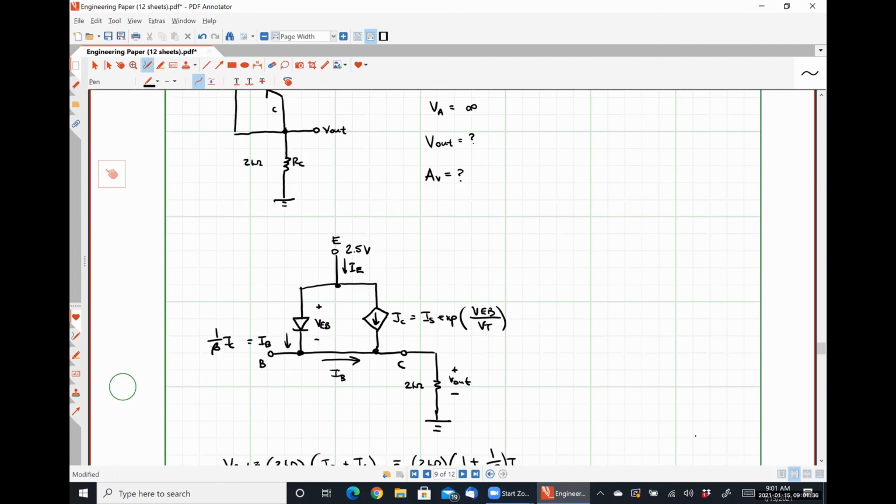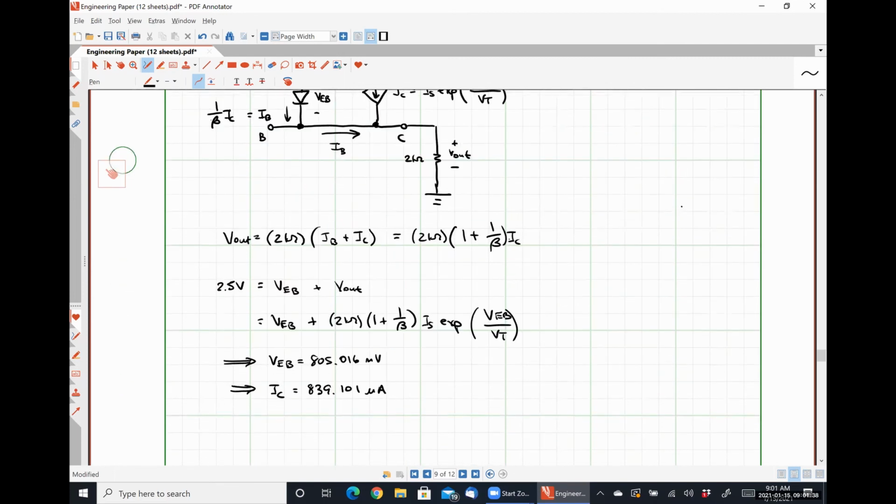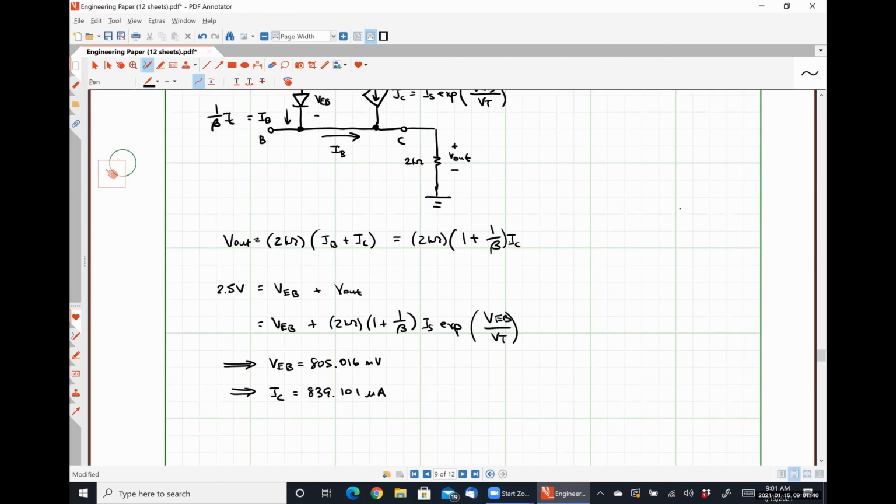So we haven't yet figured out what V out is, right? Now that we know what IC is, we can figure out V out pretty easily, which it looks like I didn't bother to do. So I'll have to get out my calculator here.